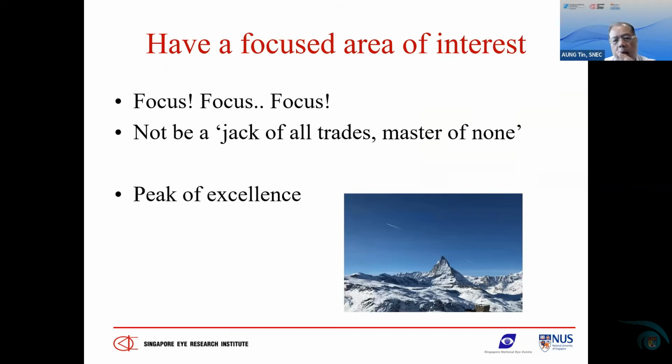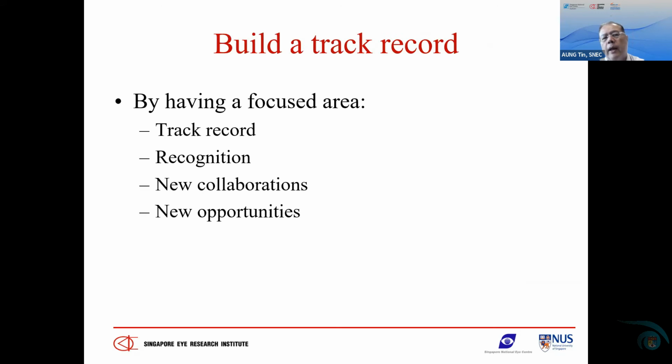You build an area of research that you are specialized in and not publish on every single topic under the sun. That is called a jack of all trades. So one piece of advice I will give you is to focus on a peak of excellence and build a track record in a particular area. Let's say you are interested in AMD, you only publish on AMD. People after a while will know you as an AMD researcher.